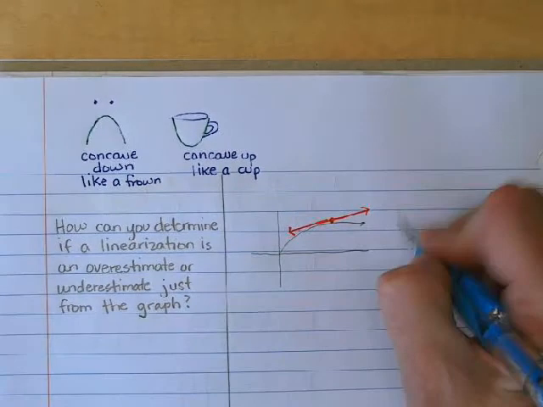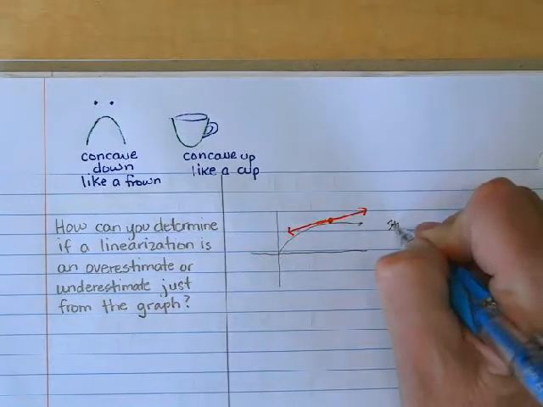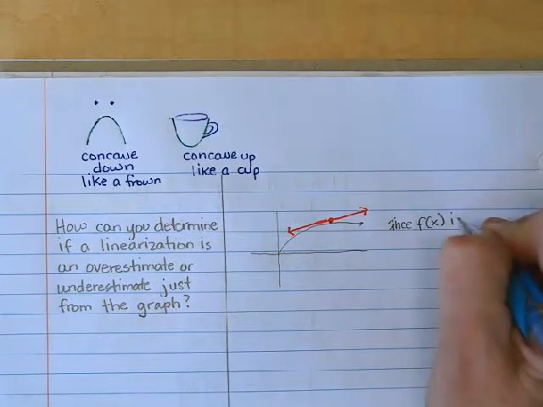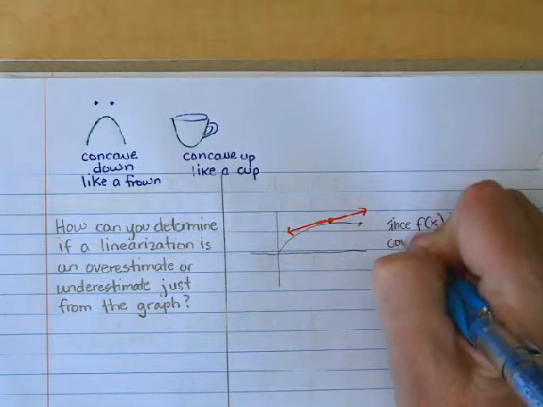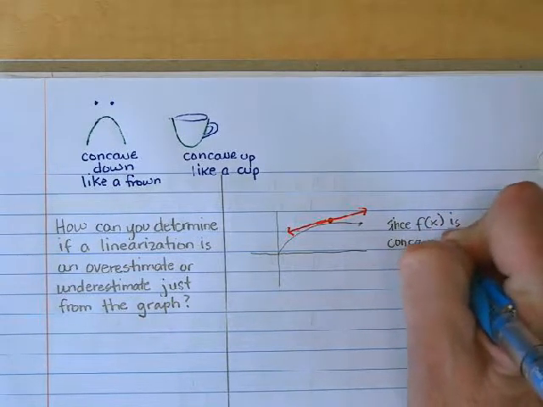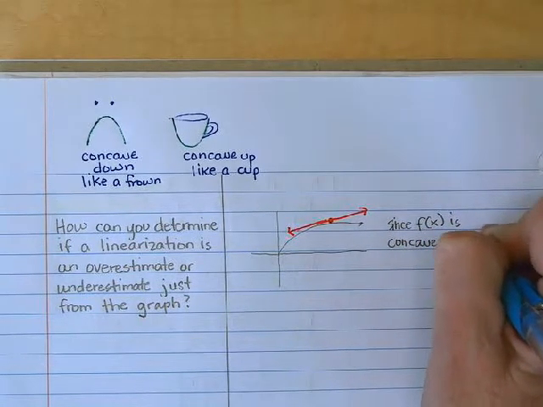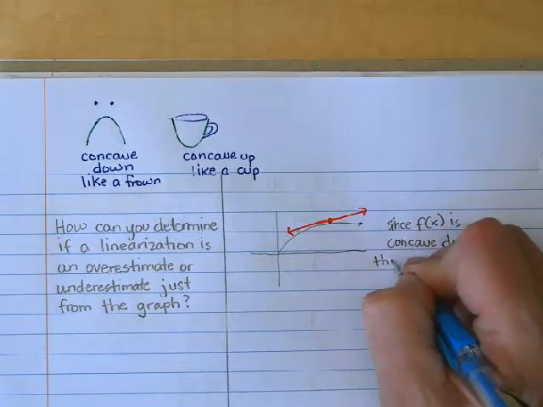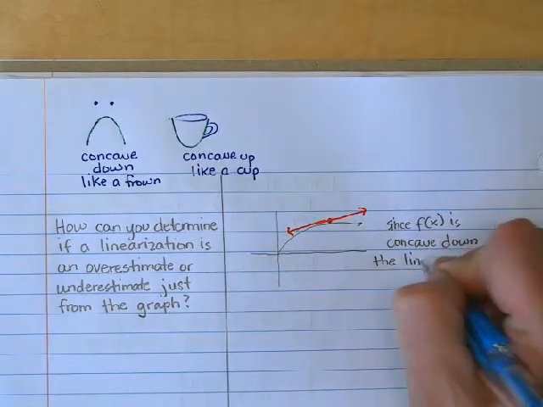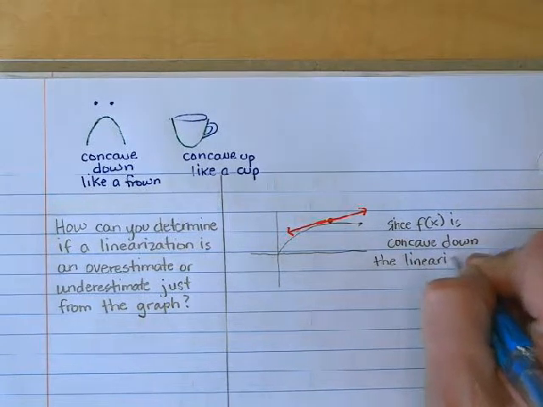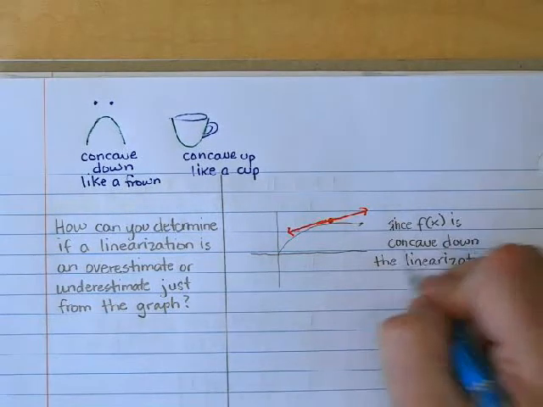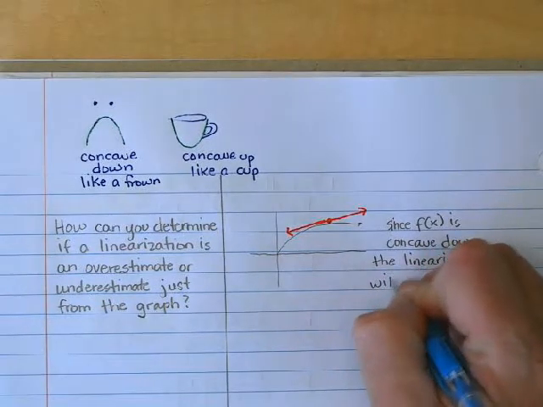Okay, and I'm going to say that since f of x is concave down, the linearization, which again is just the tangent line, will lie above the curve.